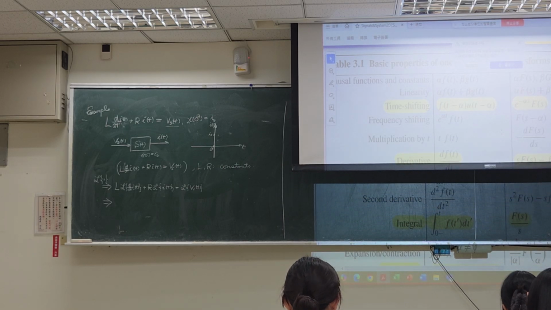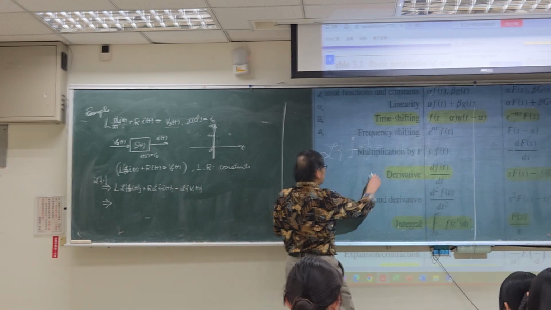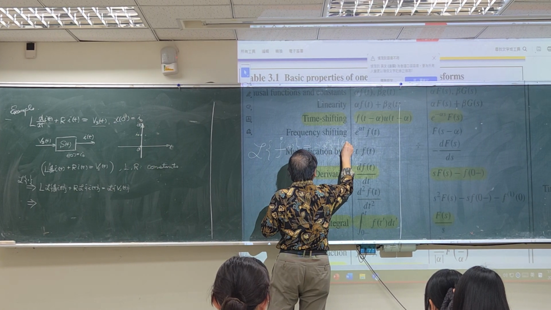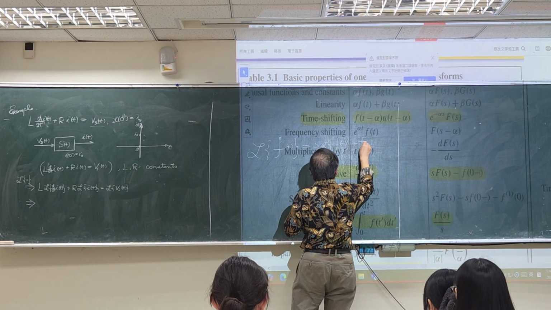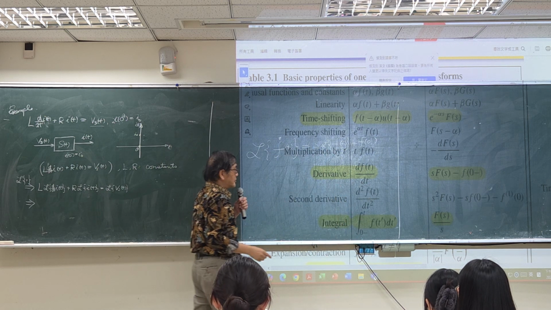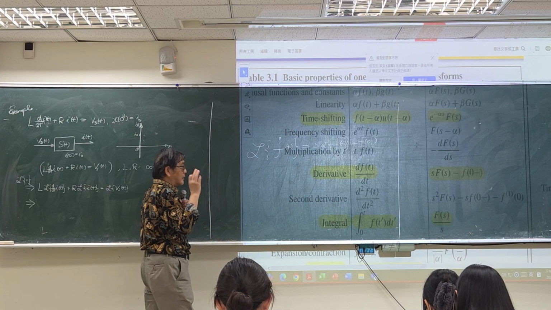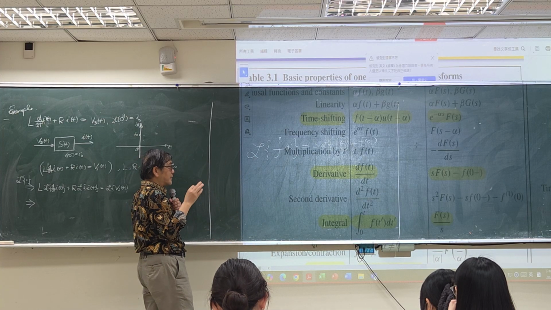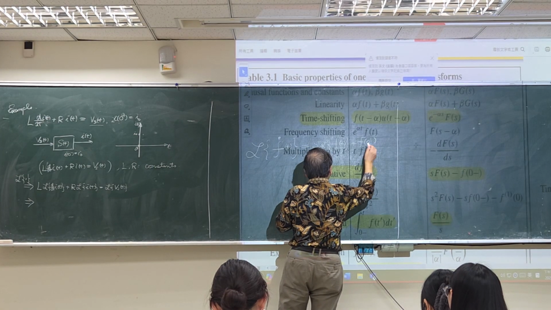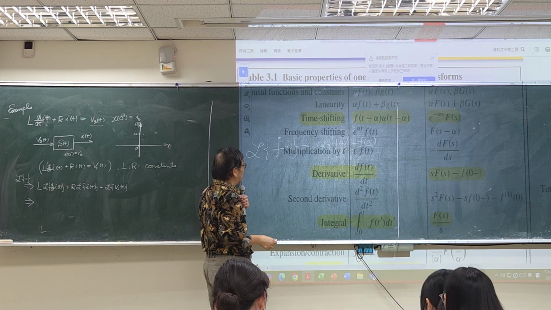I need you to memorize this, burn that in your memory. So this is equal to s times the Laplace transform of f of t, and then minus f of 0 sup minus. Some of the books simply use f of 0, that's fine. But in case there is an impulse at 0, then it's better to use this initial condition.